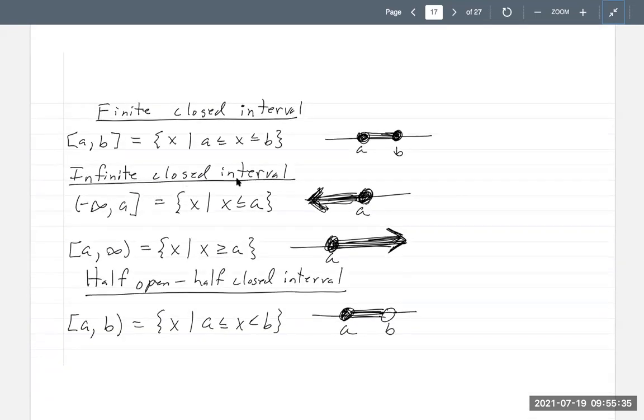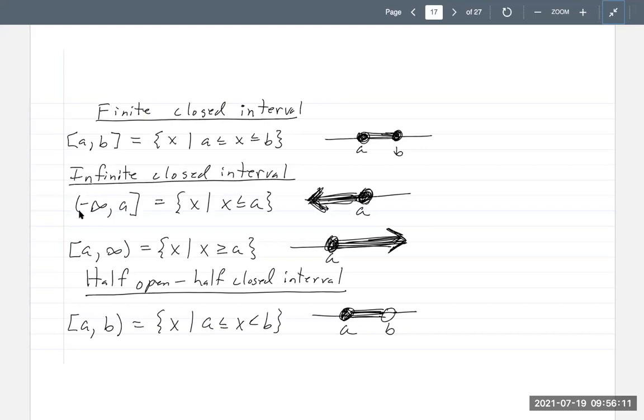The infinite closed intervals. The interval from negative infinity to A: we do not include negative infinity, but we do include A. So it's the set of all numbers that are less than or equal to A, everything to the left of A, including A. The closed interval from A to infinity: we include A, but we do not include infinity.